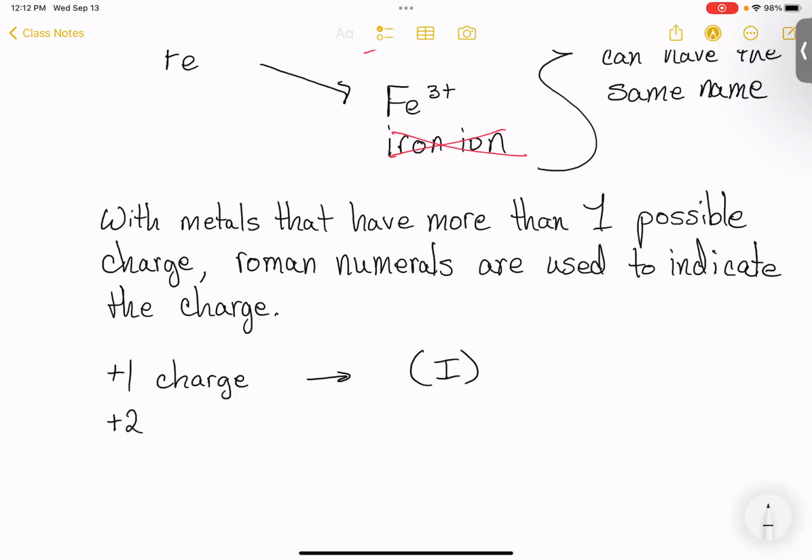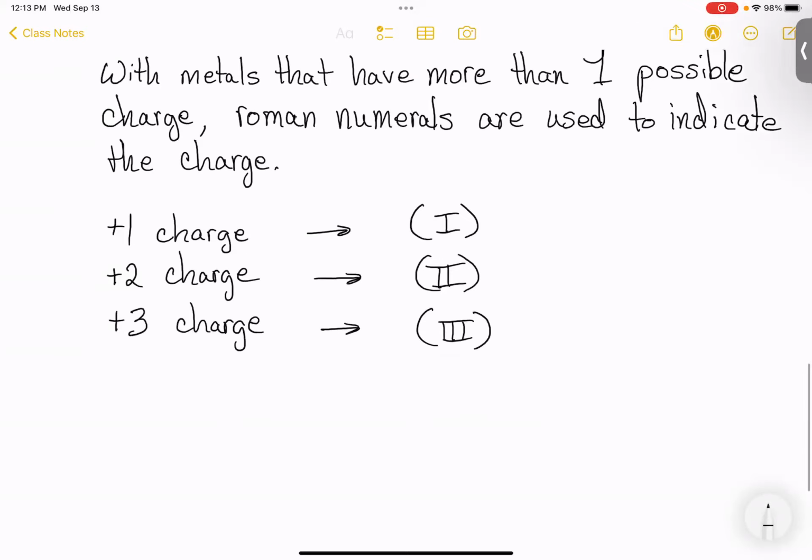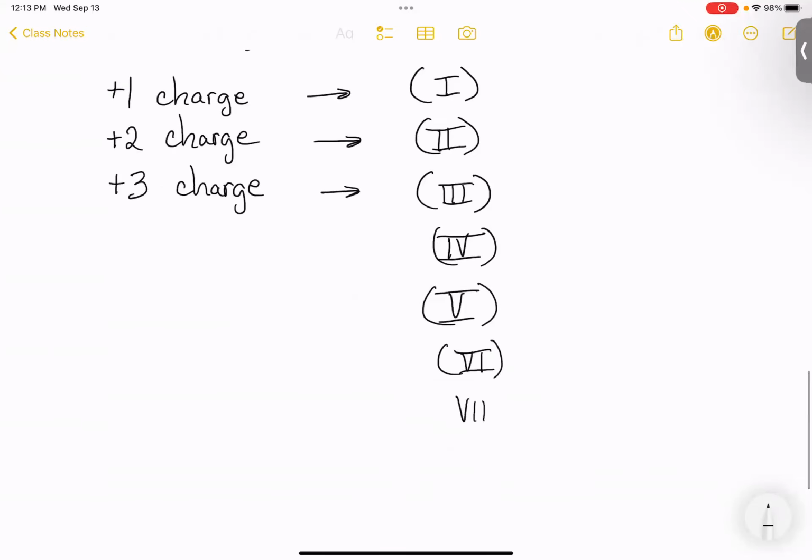If we have a +2 charge, then we'll use the Roman numeral for 2 in parentheses. +3, Roman numeral for 3, and so on, where 4 is IV, 5 is V, 6 is VI, and 7 is VII. We don't go past 7.